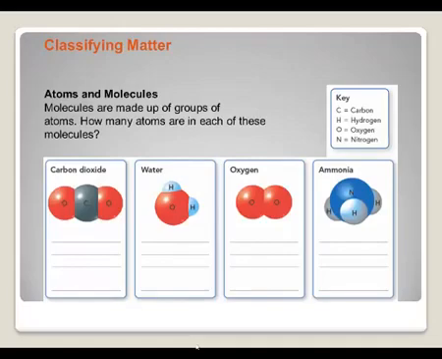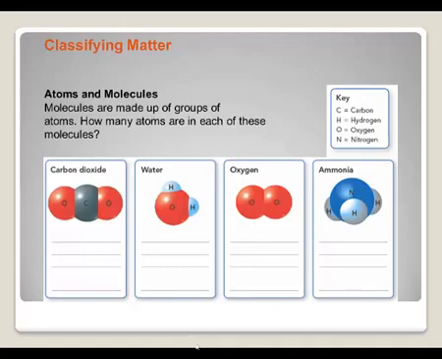We use picture representations of atoms to explain what they look like when they combine together and form molecules. You can see in the key, the C represents a carbon atom, the H represents a hydrogen atom, the O represents an oxygen atom, and the N represents a nitrogen atom.